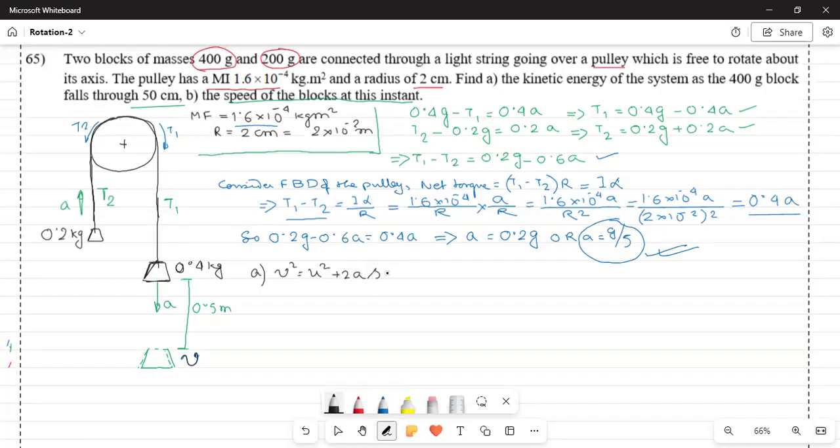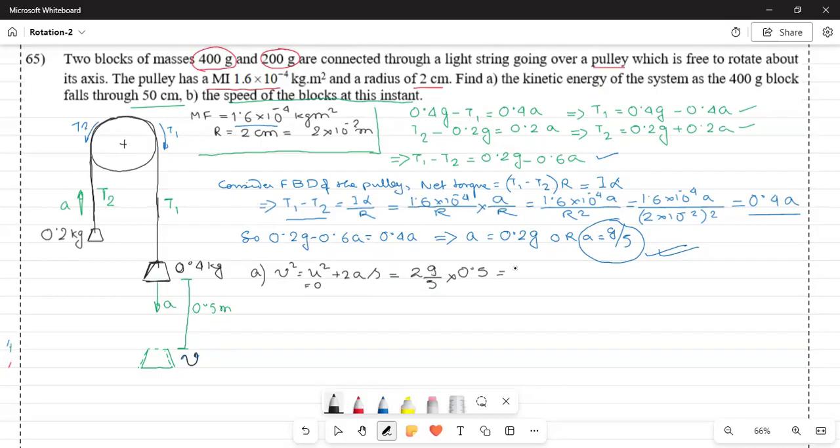So v square is equal to, u was 0, equal to 2. A we have found as g by 5, and h is given 0.5 meter.